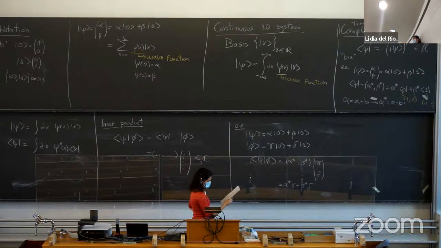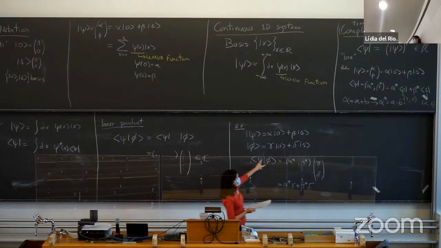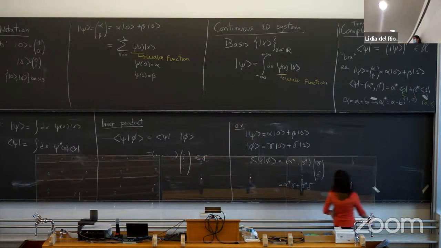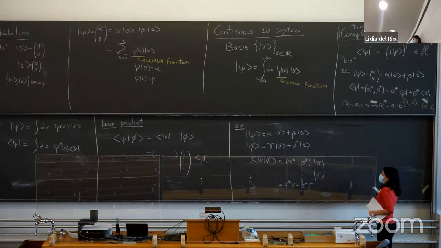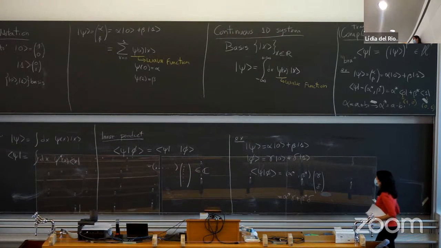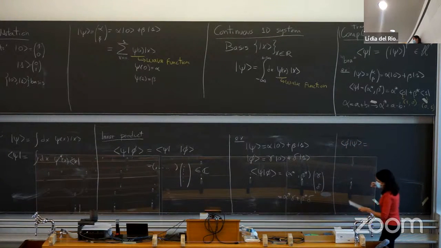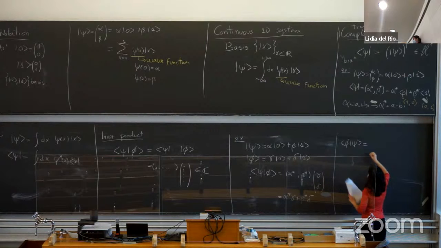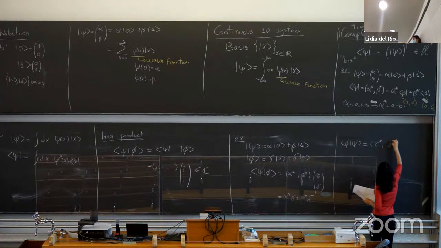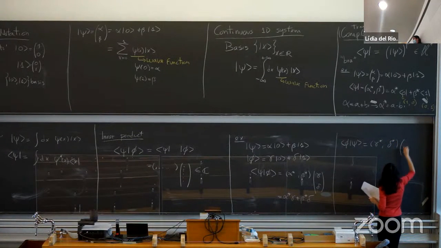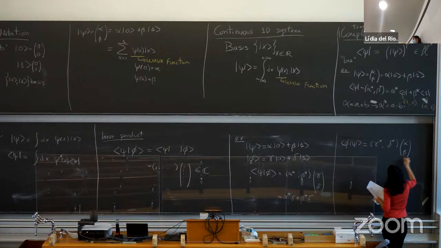Okay. What if you wanted to do the inner product the other way around with the phi first and the psi after? It's good to do it for practice, so you can try to do it on your own now too, but let's see. And again, it's just maths, but it will be useful later on. So this would be (gamma star, delta star) times (alpha, beta).